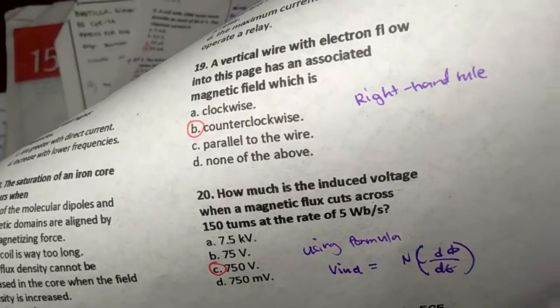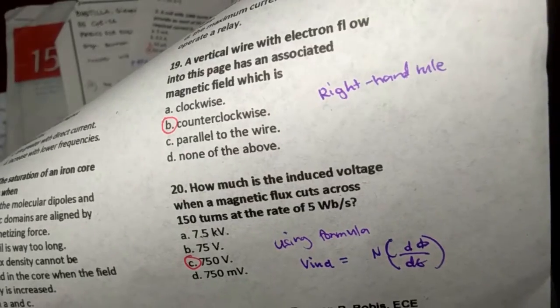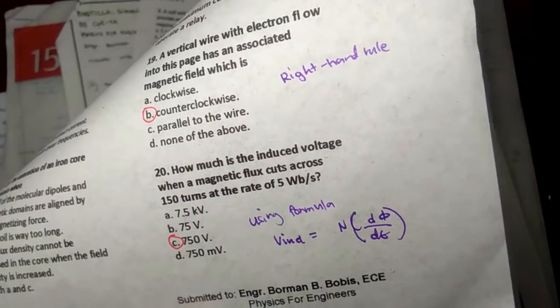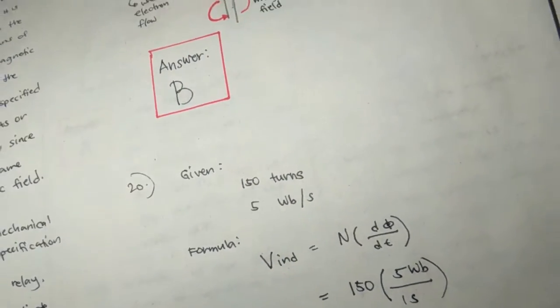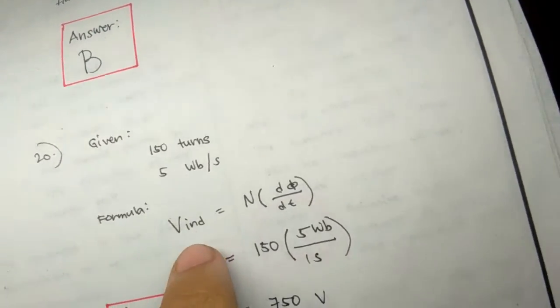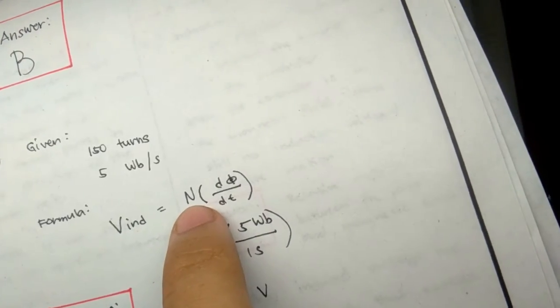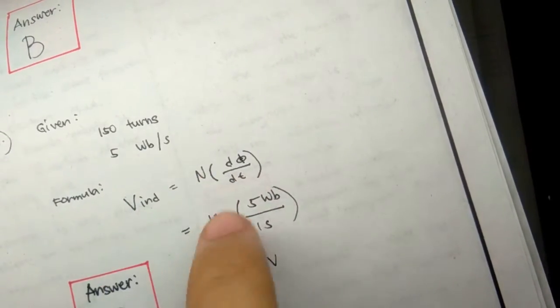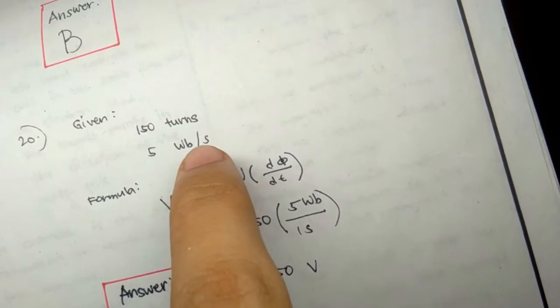Number 20, how much is the induced voltage when a magnetic flux cuts across 150 turns at the rate of 5 Webers per second? Given is 150 turns and 5 Webers per second. The formula used is induced voltage is equal to the number of turns times the quantity of change in the flux over change in time. The change in flux over change in time is substituted by 5 Webers per second.